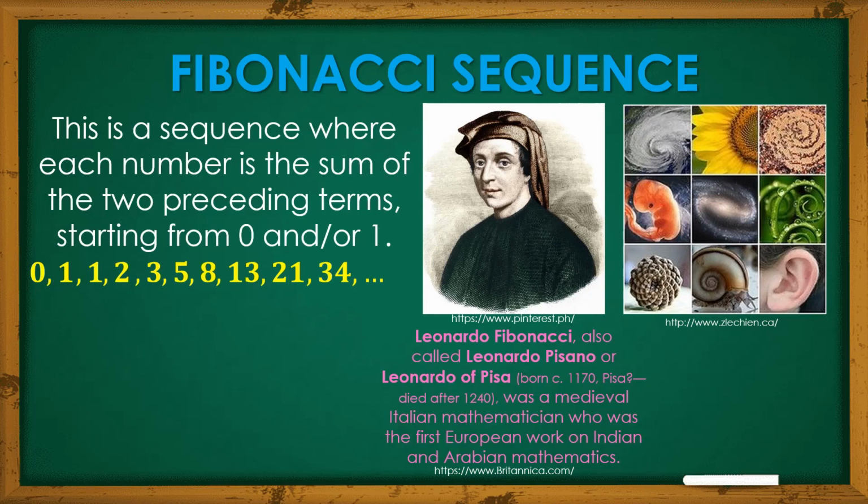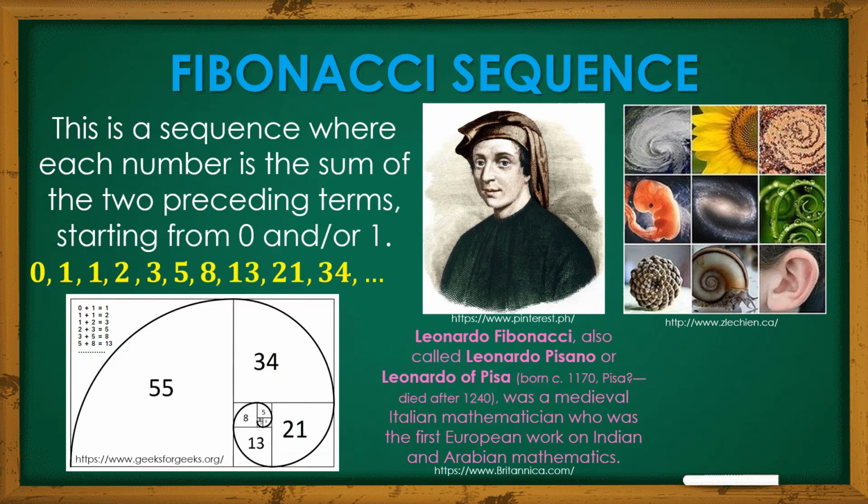Pwedeng sa nature, pwedeng sa outer space, pwedeng sa human body parts, or pwedeng sa animals. Now, Fibonacci sequence is represented by this diagram. Ganito ka-special ang Fibonacci sequence dahil commonly nakikita siya around us. Meron ka bang naisip or nakitang bagay na merong Fibonacci sequence? Please share your ideas!